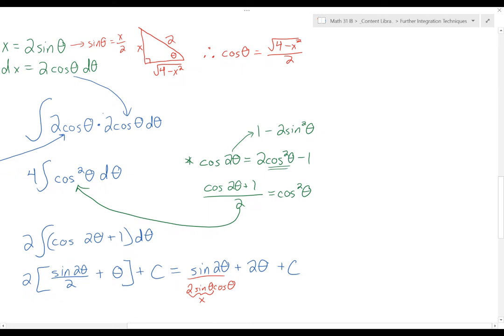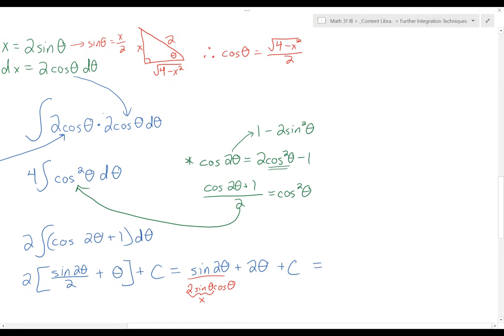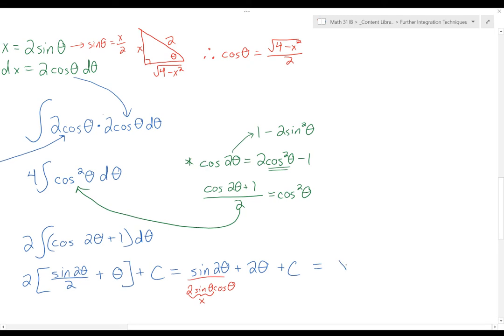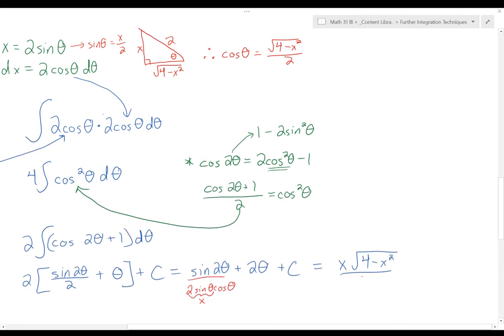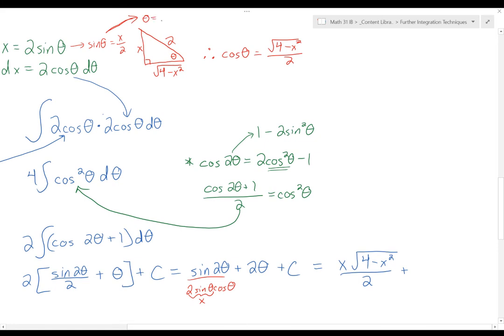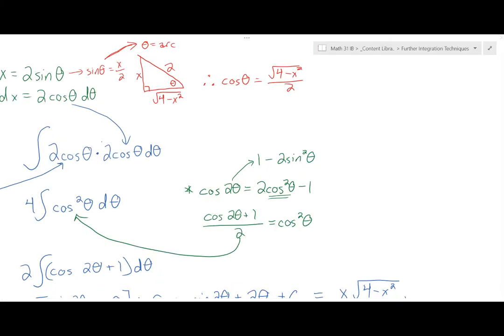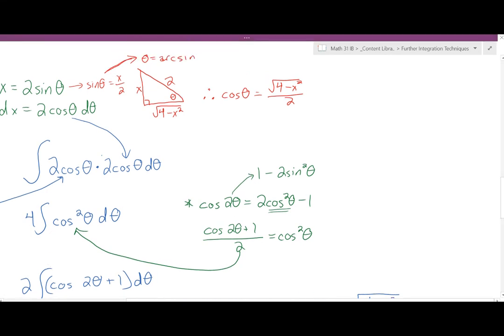So substituting here, what I have, sine of 2 theta is equal to 2 sine theta, which is x, times the cosine of theta, which is the square root of 4 minus x squared over 2, and then plus 2 theta. Well, theta is going to have to be the arcsine of x over 2.